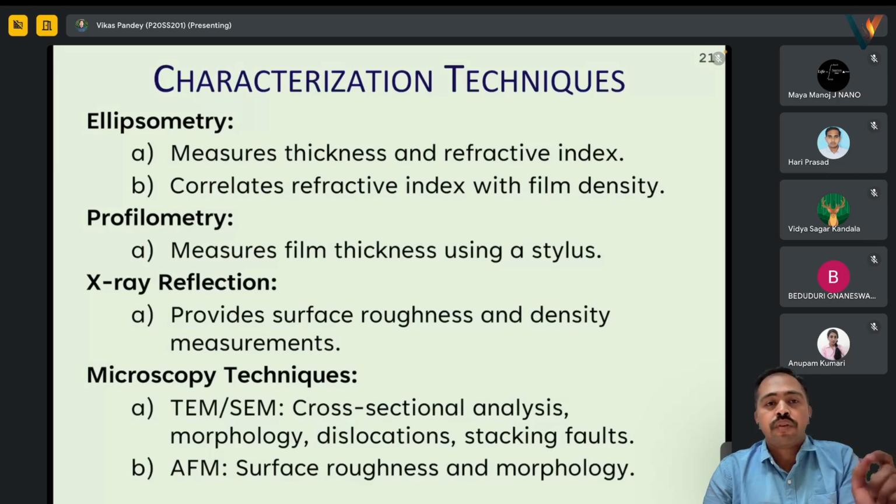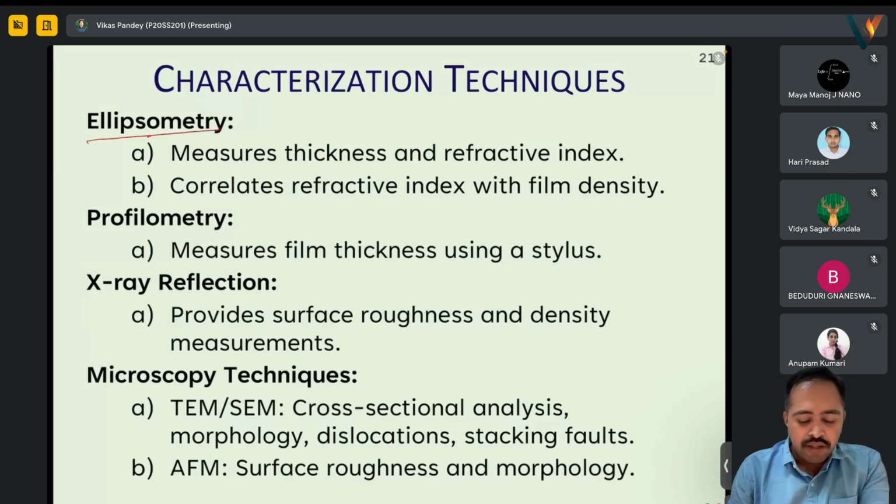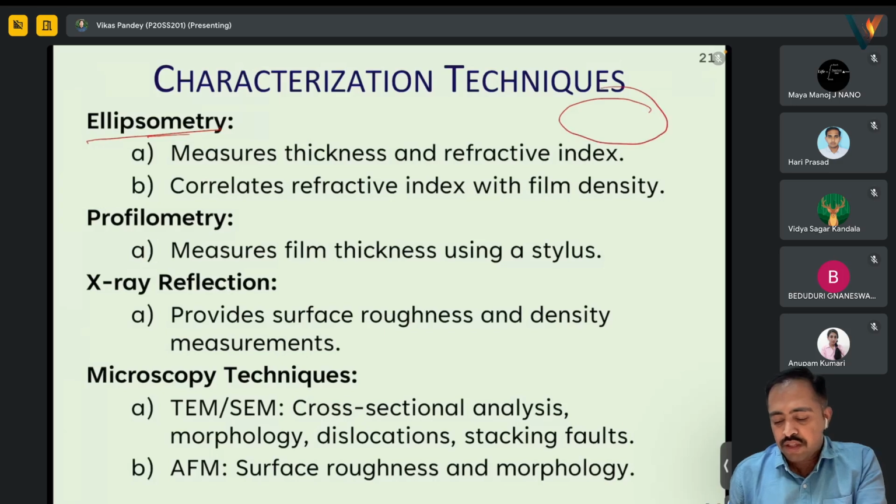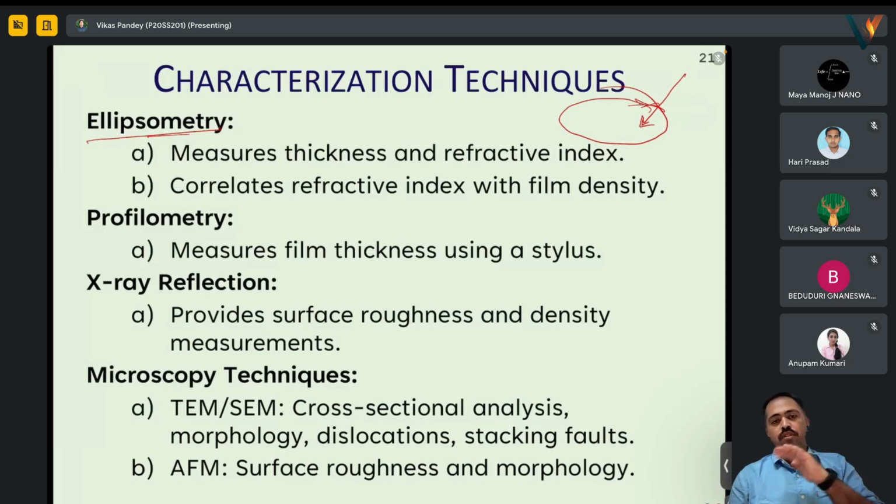So the first way is ellipsometry, in which the wafer is kept, and SiO2 is glassy, almost transparent. It will have some refractive index. So the light is kept and then it is refracted and it will go back. Silicon is reflective, SiO2 is refractive.